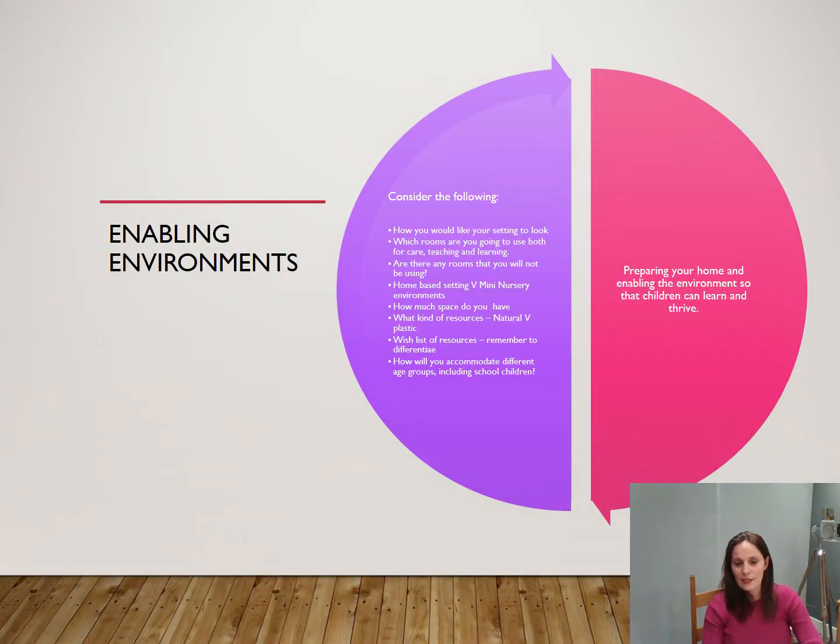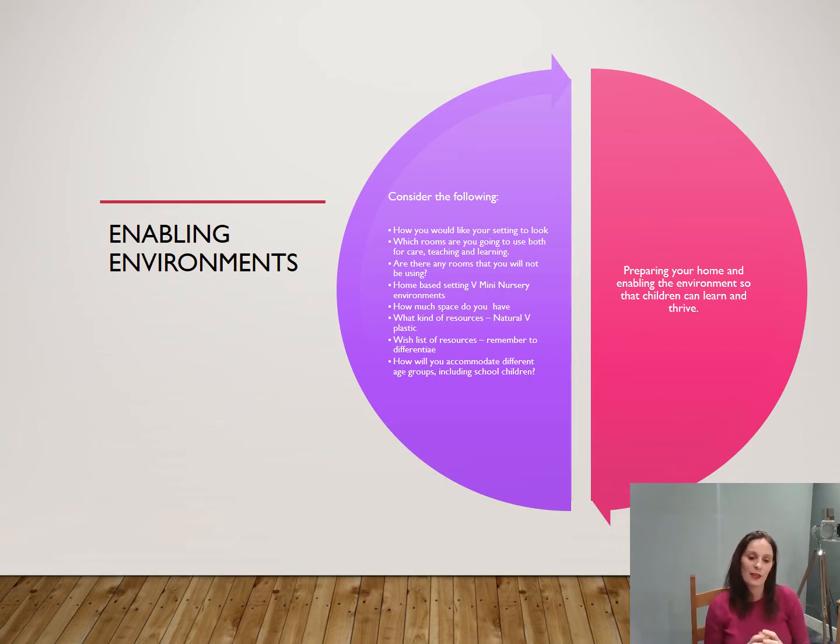Let's now just take a few moments to consider the enabling environments. This is how you enable your home to become child friendly, a perfect learning environment. You'll be looking at which rooms you're going to be using to care for and teach in, and what resources you're going to be putting into those rooms. Are there any rooms that you won't be using? Do you want your home-based setting to look like a mini nursery, a mini preschool?